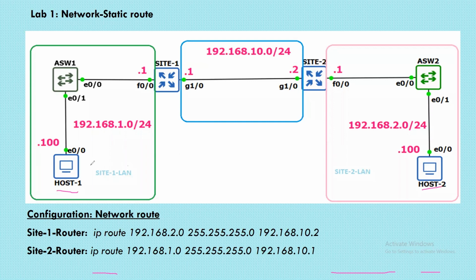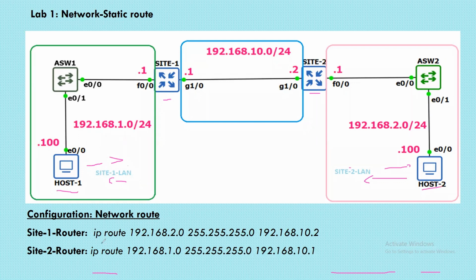Our objective is to make sure that host 1 can ping host 2, and vice versa. So with this, we have two routers, router 1 and router 2. We have to configure the static routes.